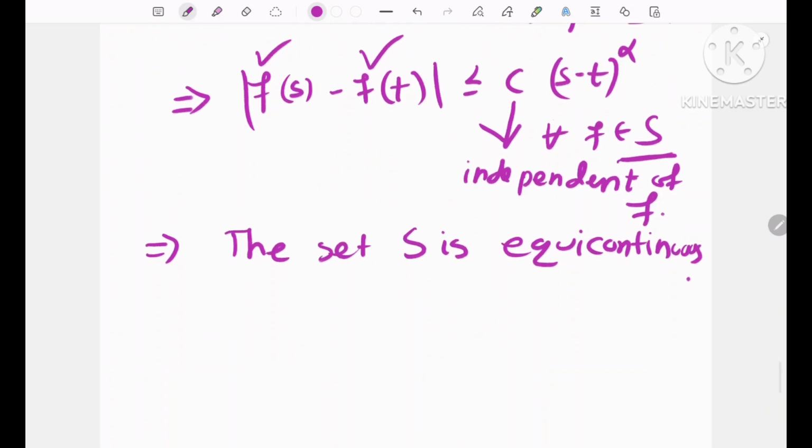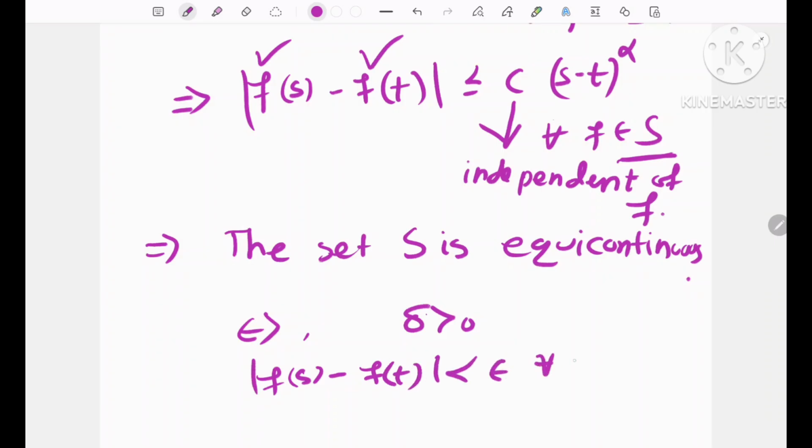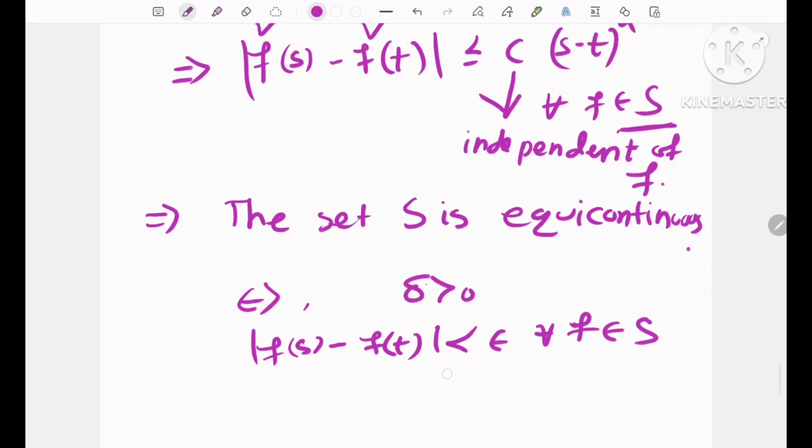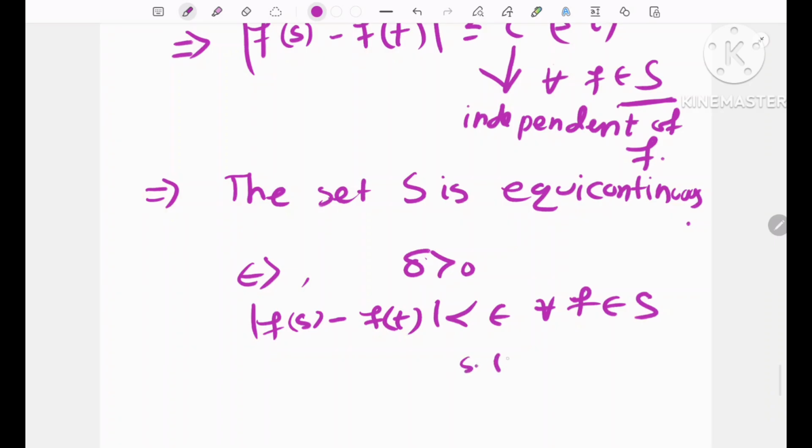Because the equicontinuous definition is: for given epsilon greater than 0, we can find a delta greater than 0 such that |f(s) minus f(t)| is less than epsilon for all s, t, for all f belonging to S, such that |s minus t| is less than delta.